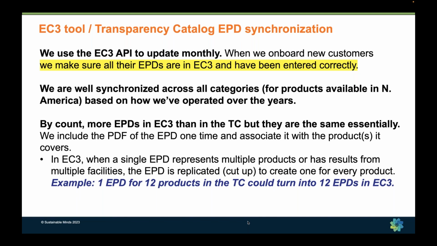Whereas in EC3, if a single EPD has multiple data points for one product type, so an example would be if an EPD is for carpet and it has results from multiple facilities, or if it represents a product line with multiple yarn weights, the EC3 tool will have multiple EPD results. Therefore, one EPD for 12 products in the Transparency Catalog could turn into 12 EPDs in the EC3 tool. For this reason, the number of EPDs can differ between the tools.